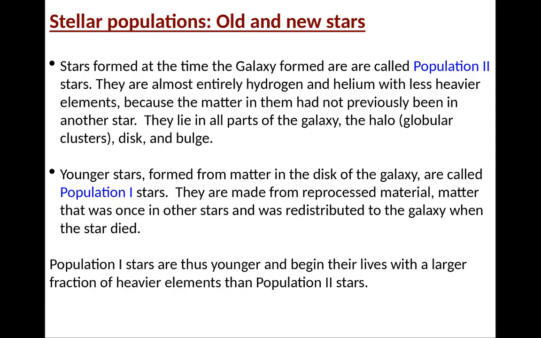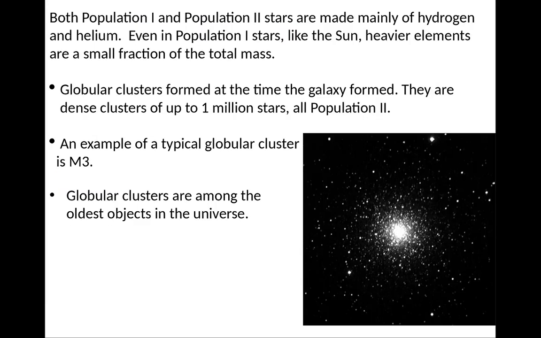They consist of stuff that's been reprocessed. So population 1 stars are younger and have a larger fraction of heavier elements than population 2 stars. However, they're both mainly made up of hydrogen and helium. Even in population 1 stars, like the sun, heavy elements are just a small fraction of the total mass.